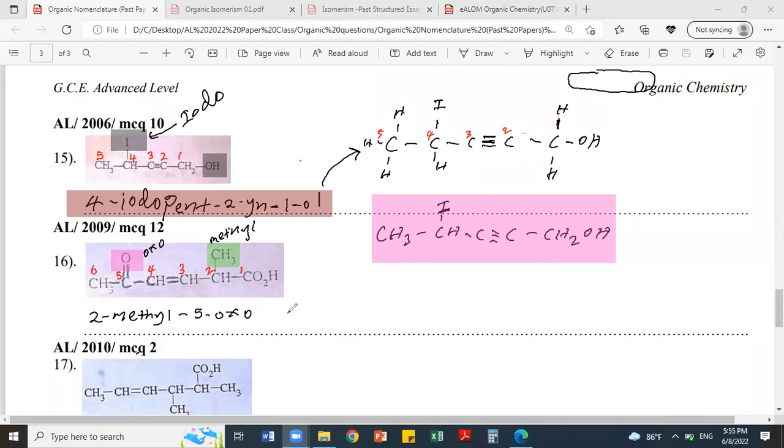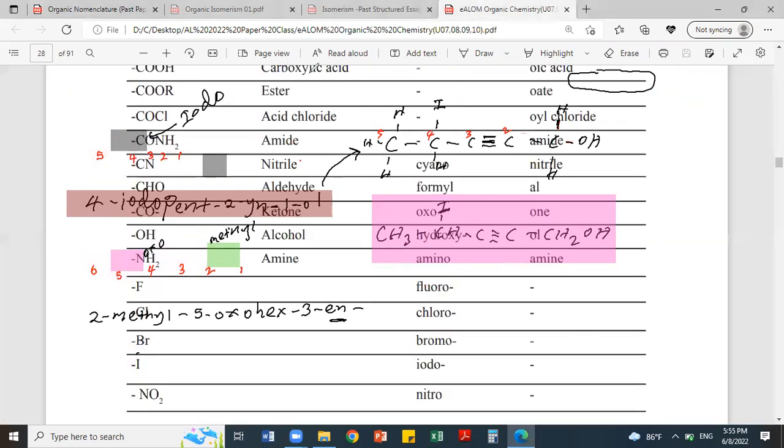The double bond is at the beginning of the 3rd carbon. Therefore, you write here without leaving any space, hex-3-en. Why 3-en? At the beginning of the 3rd carbon, the double bond. But you don't write 3-en-1-oic, because if it is a carboxylic acid, the name ends in oic.